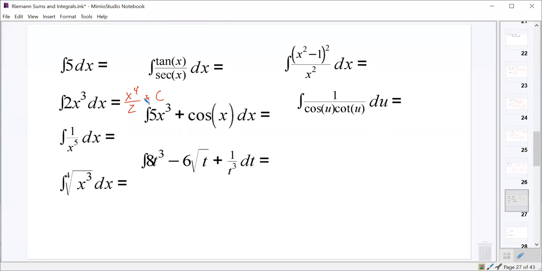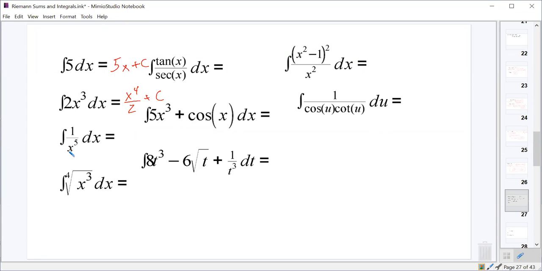And since it's an indefinite integral with no limits, we'll remember to put a plus c. Anytime you anti-differentiate a constant, it just becomes the constant times the variable plus a c.